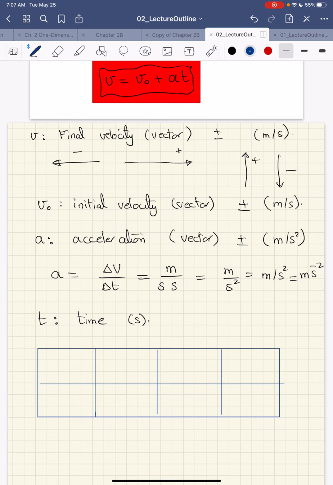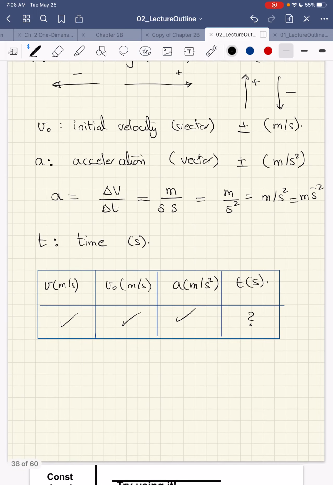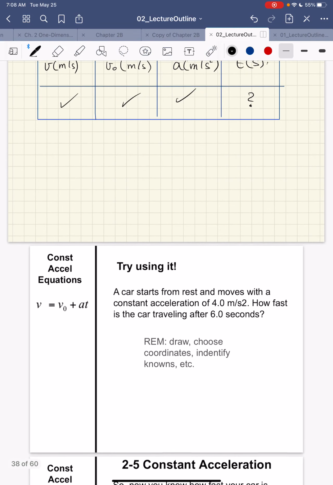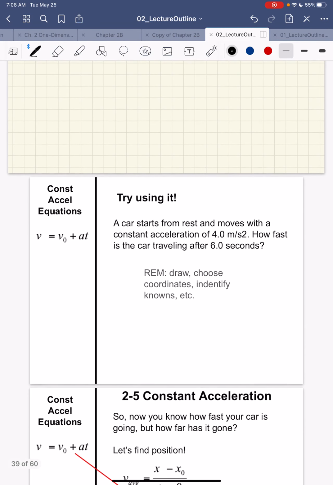For example, here I will use V in meters per second, V0 in meters per second, A in meters per second square, and T in seconds. You might be given these three, and the question is asking about this one, or any set of variables. Now we're going to try that equation.